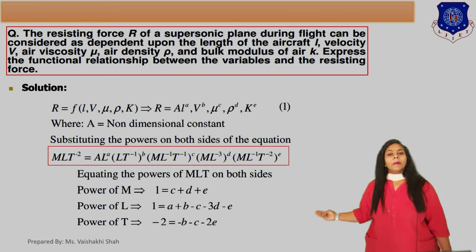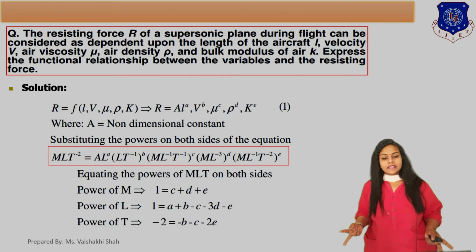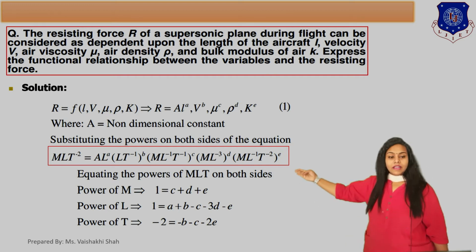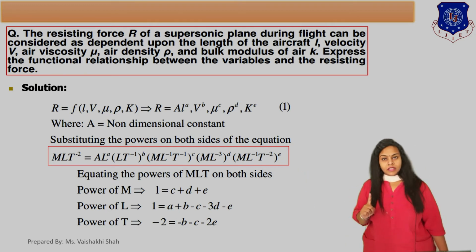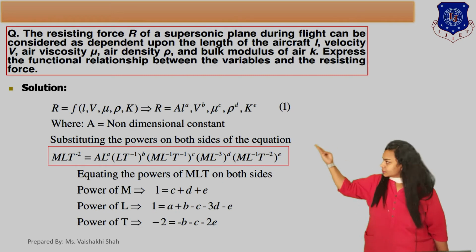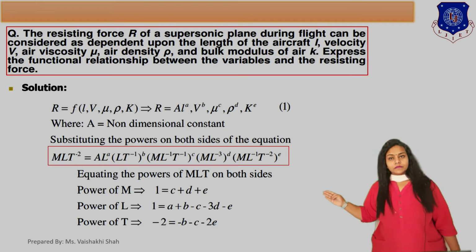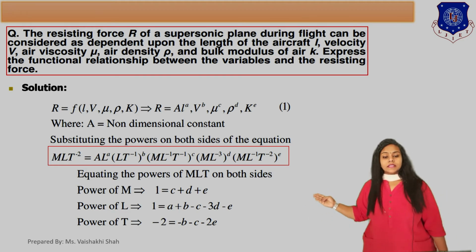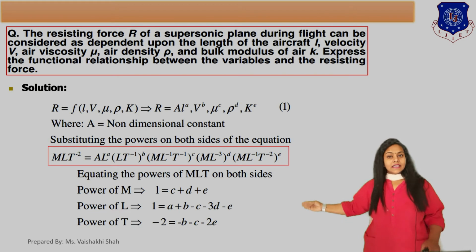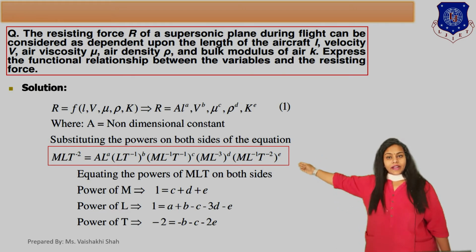Same for the power of L on both the sides. The power of L on the left hand side is 1, because there is M1 L1. So, 1 equals A plus B minus C. See the power in this equation on the right hand side.